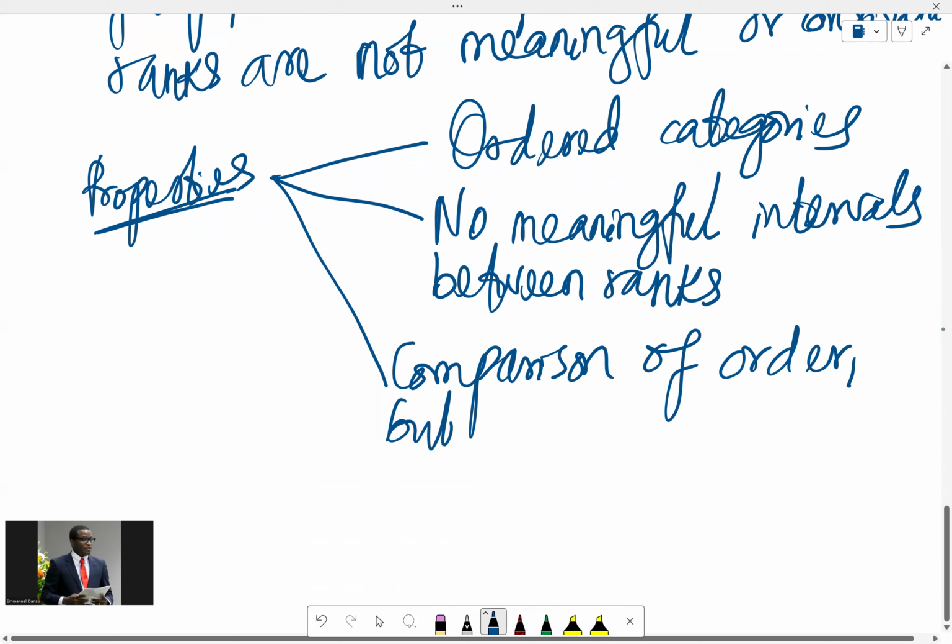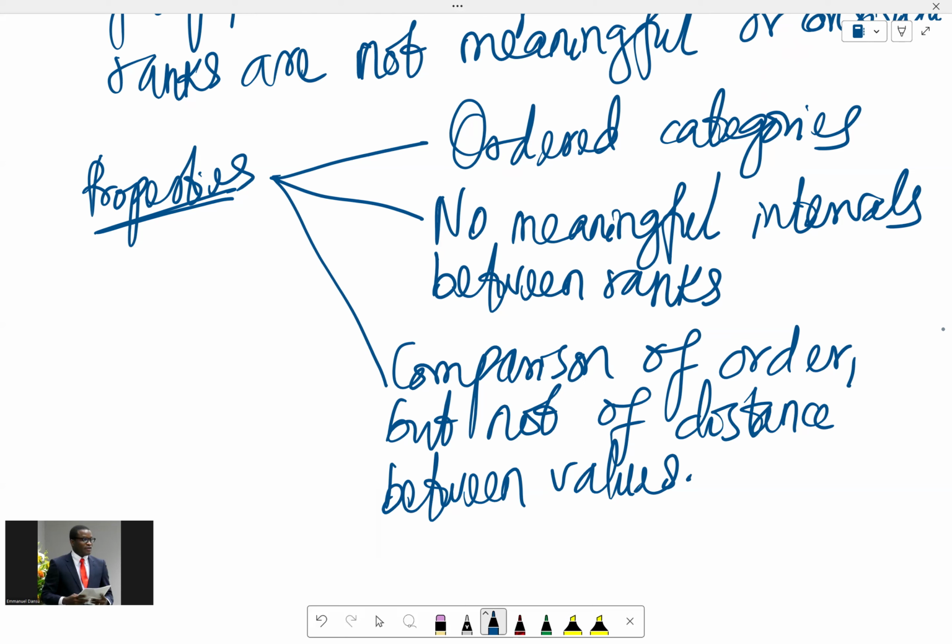So let's say it's a 100-meter race. The first person is the fastest, right?